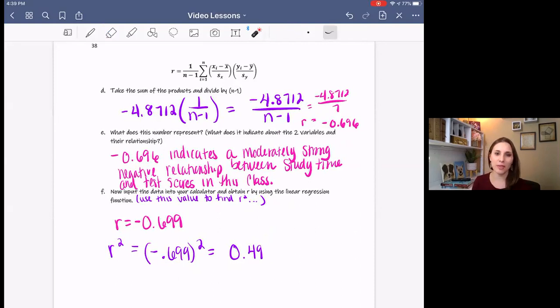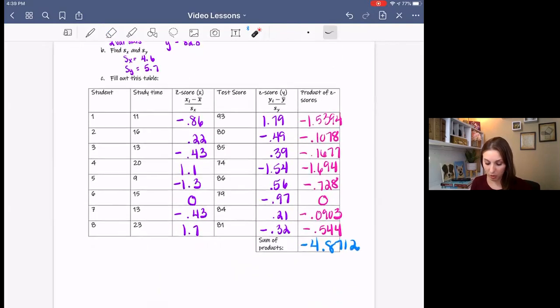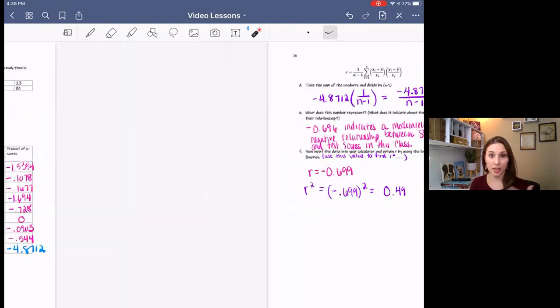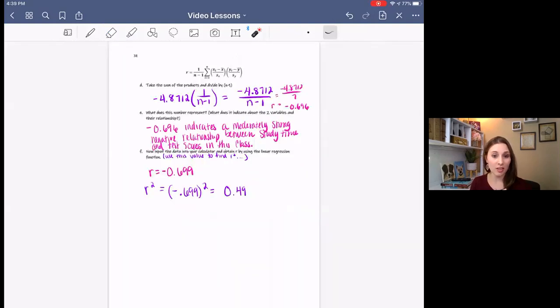I just wanted to point that out in case you don't want to do this entire table, or you were already given r squared or anything like that, then you can just take the square root and there's r. There you go. Remember, it does give you the numerical value of r, but you would have to know if it was negative or positive based on the slope of the linear regression line or the scatter plot or whatever. So anyway, there's that.